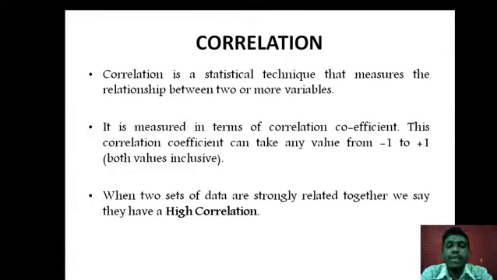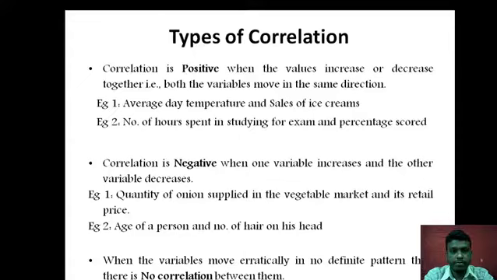When two sets of data are strongly related together, we say that they have a high degree of correlation. Now, what are the different types of correlation? A correlation can be positive, it can be negative, or it can be 0, that is there may not be any correlation between the two variables.